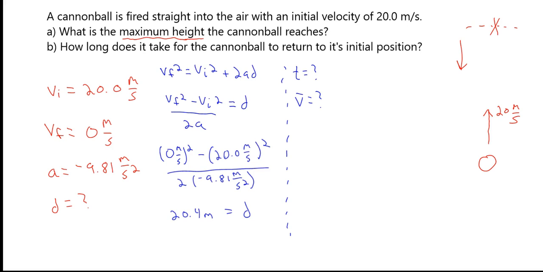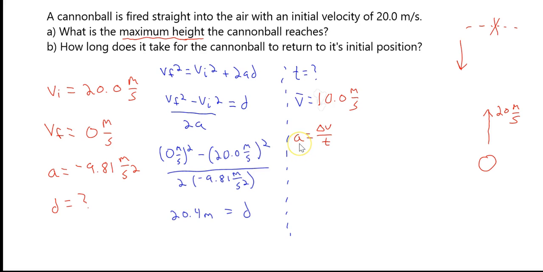What would have happened if we calculated it a different way? Well, first we're going to find our average velocity, which we know is just our initial plus our final divided by 2. Plugging in our values, our average velocity comes out to 10 meters per second. Next, we're going to solve for the amount of time that it takes for the cannonball to reach the maximum height, using this relationship.